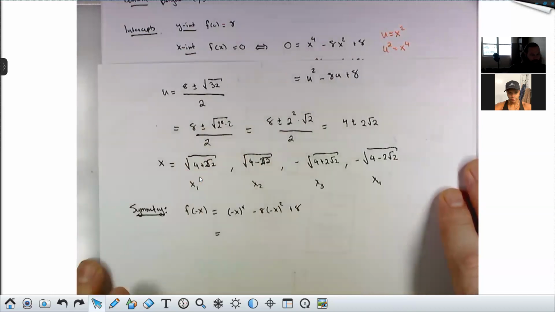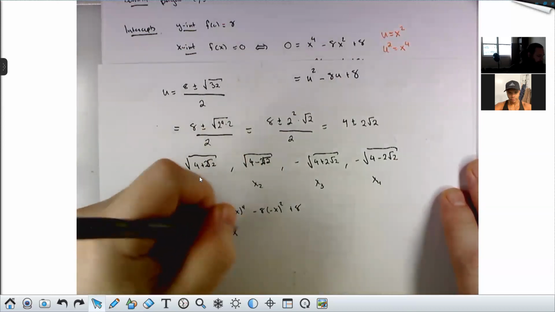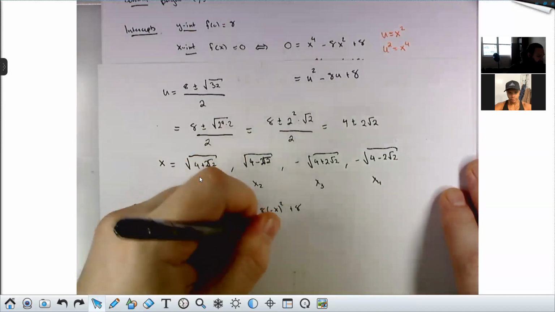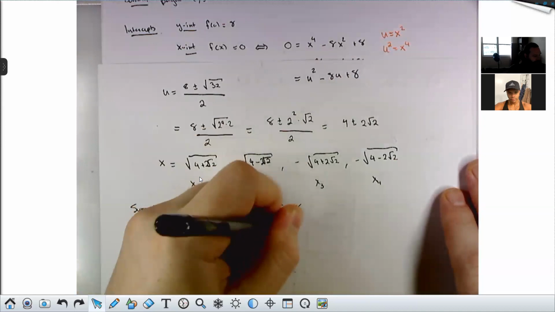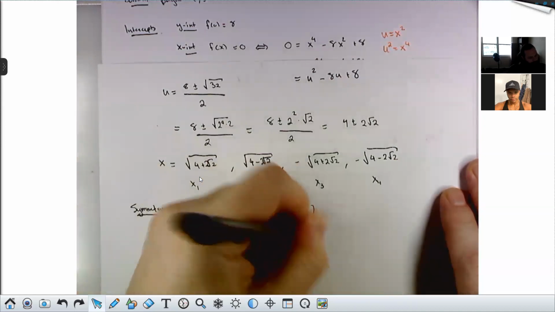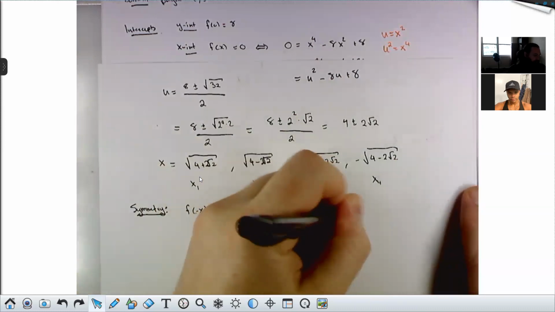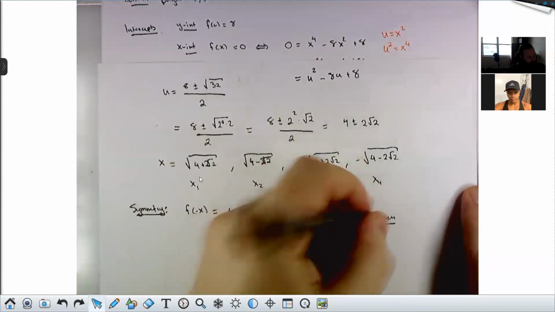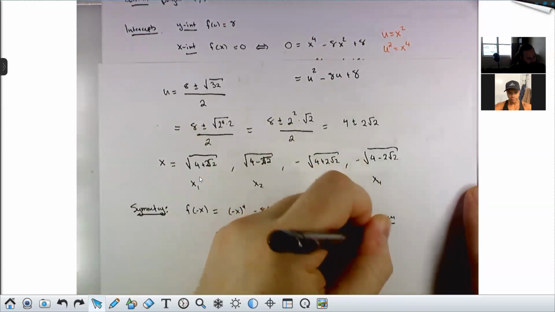And when you raise negative x to the 4th, the negative goes away. That just becomes x to the 4th. When you raise negative x to the 2, that just becomes x squared. And this is the same as the original function. So this means f of x is even. So we have y-axis symmetry.